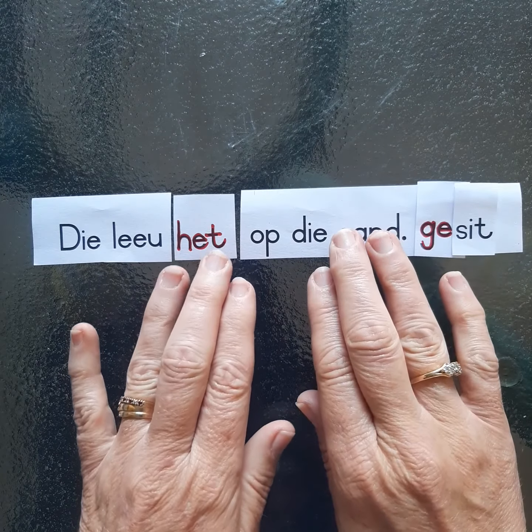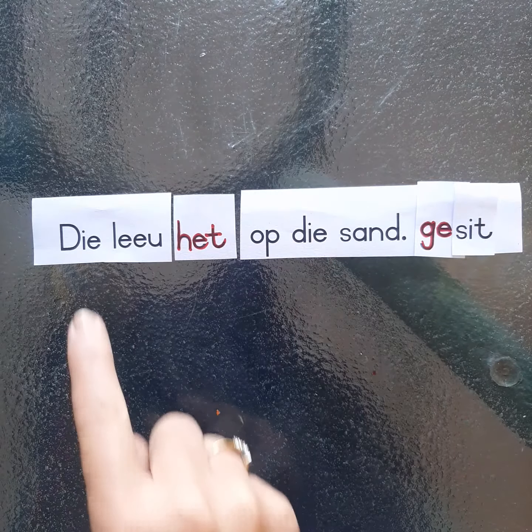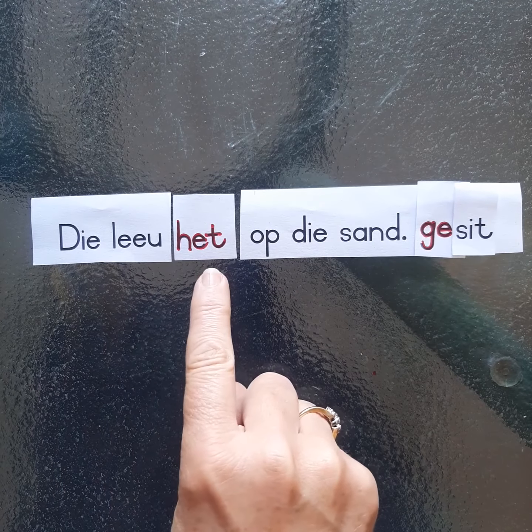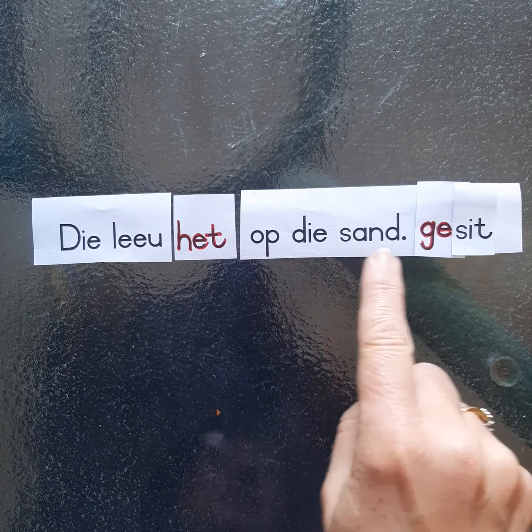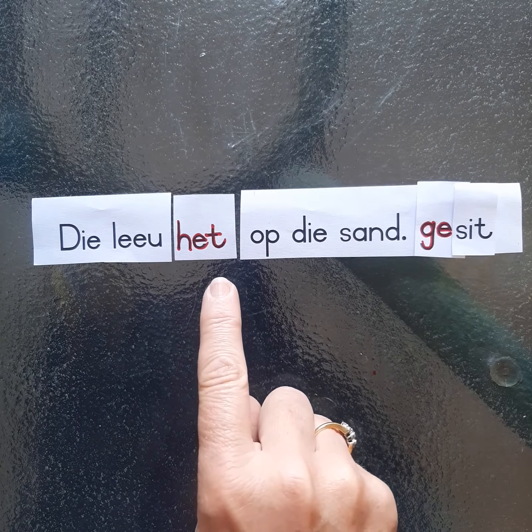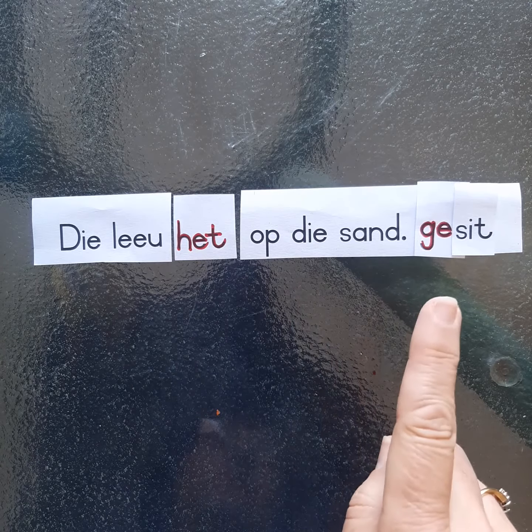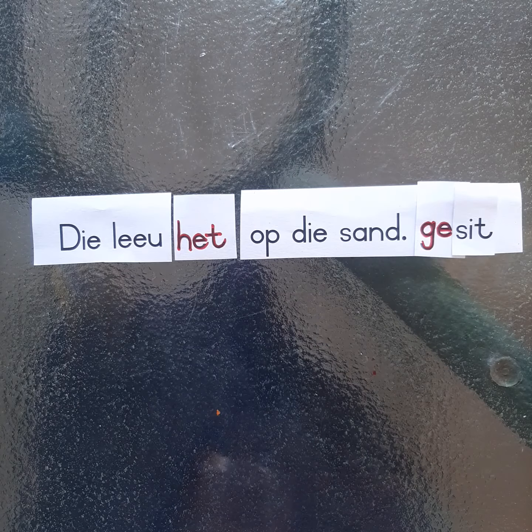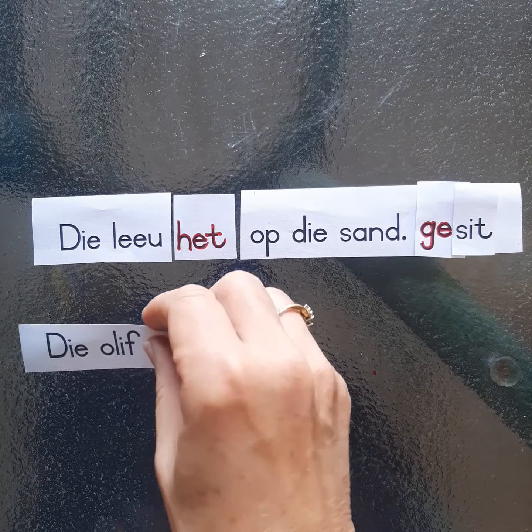So, let's have a look at that sentence. It says, die leeu het op die sand gesit. The lion has sat on the sand. It has already happened, okay? In the past tense.